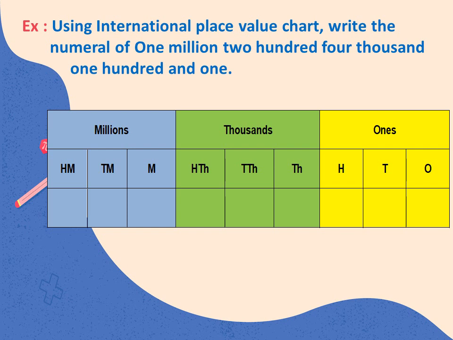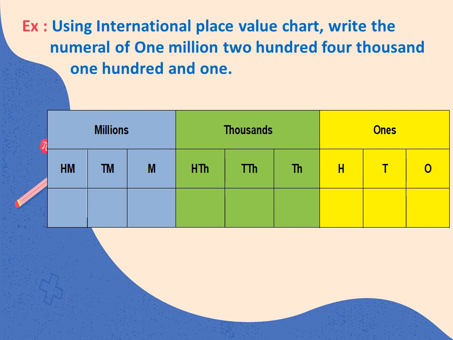So what comes in the ones period? According to the rule, we should enter the digits from right to left. So here the given number name is 1,204,000 and 101. 1 million means this 1 comes in the millions period, 204,000 means this 204 comes in the thousands period, and 101 comes in the ones period.